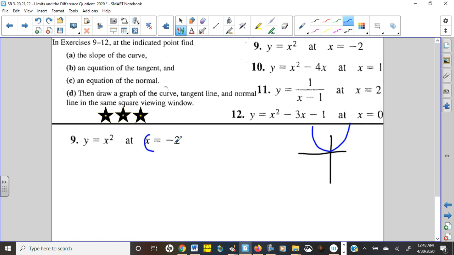So when they're asking me for -2, I can expect a negative tangent slope. Let's see if we are right in that guess.